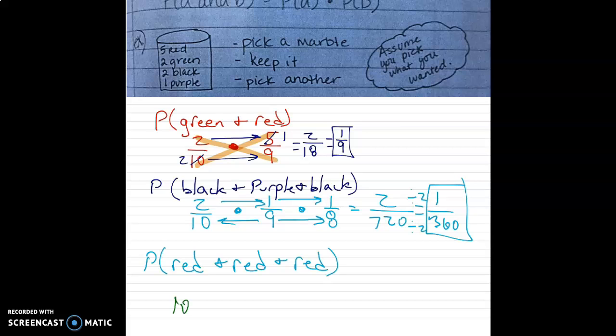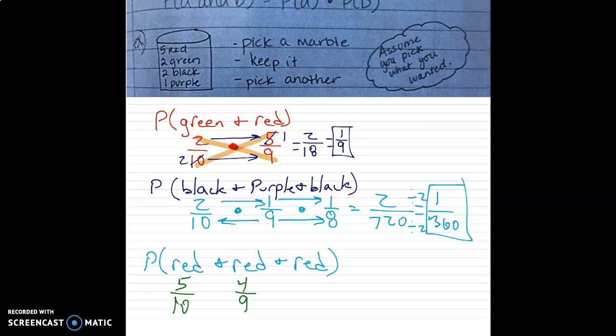The first drawing, there are 10 marbles. How many of them are red? 5. Okay, so we're going to assume that we chose a red, and we're not going to put that marble back. So there was 10. We take one out. We don't put it back in. There are now 9. How many of them are red? There's only 4 of them in there that are red now.